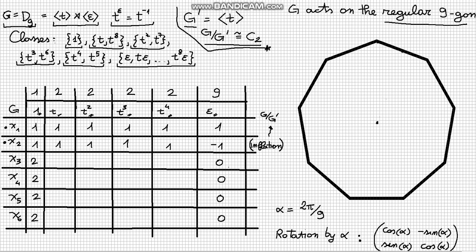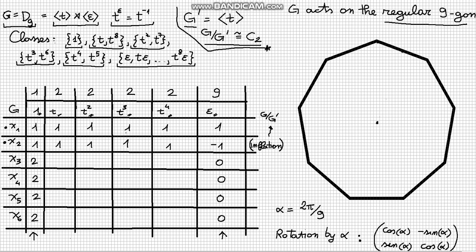Also there are zeros here in the column of epsilon because of the second orthogonality relation. The second orthogonality relation also implies that here there are only 2's, or if you like, the fact that the sum of the squares of the character degrees is the order of the group, which is 18. What is left is to fill the other entries of the table.